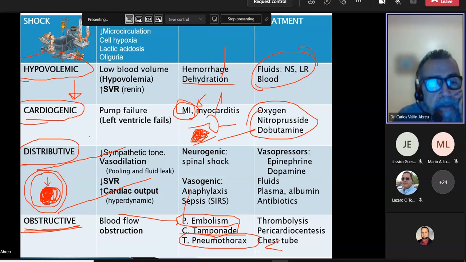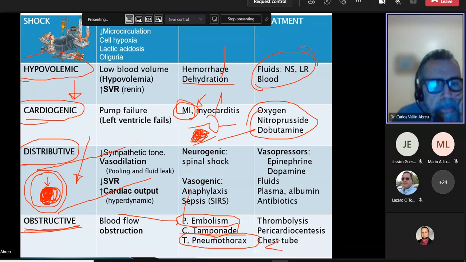It happens when there is a massive release of histamine in anaphylaxis. The histamine is a potent vasodilator. So when somebody that is allergic to penicillin receives penicillin, as in anaphylaxis, they have an anaphylactic shock.